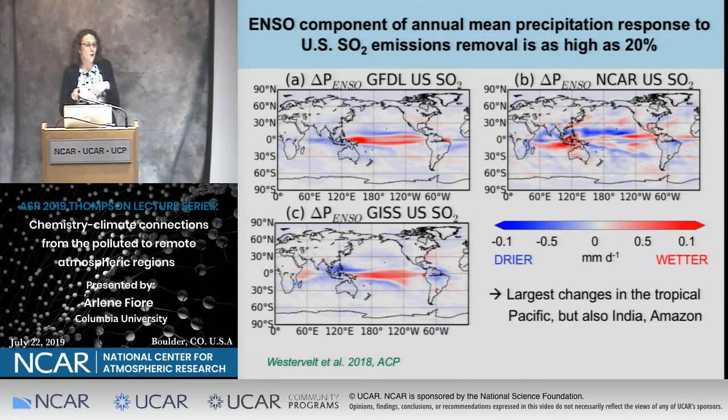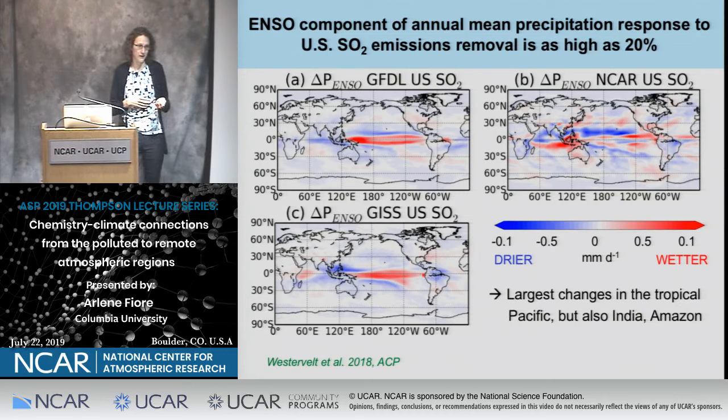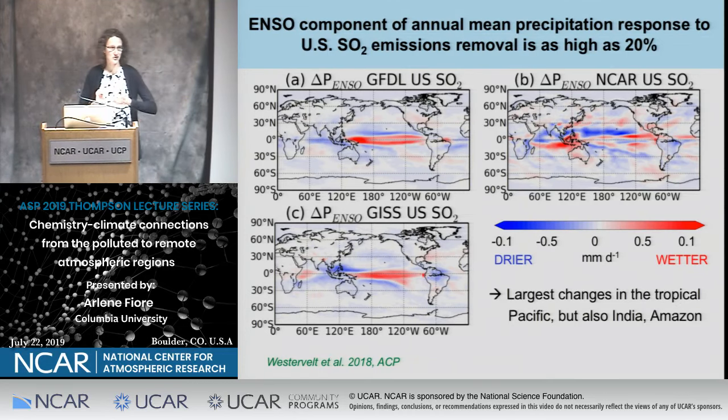And the reason I wanted to present this today is because I think it raises an intriguing question of to what extent do changes in anthropogenic emissions end up projecting onto our natural modes of variability and blur what we tend to think about as natural variability versus climate change.